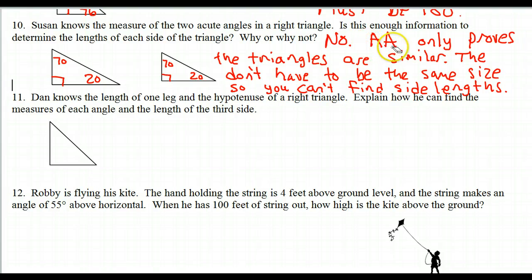So angle only proves that the triangles are similar. They don't have to be the same size, as I just mentioned. So you can't find the side lengths. They're unknown. If they can be big or small, there can't be one side length to find. That's what I mean by that. All right, anyway, moving on to number 11.